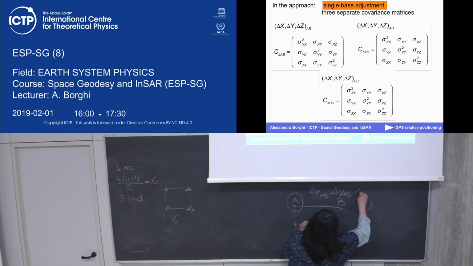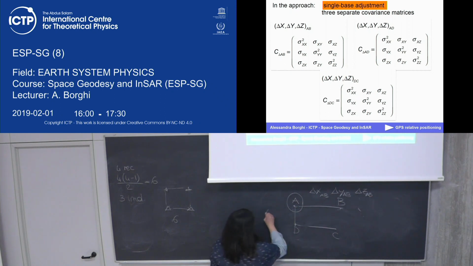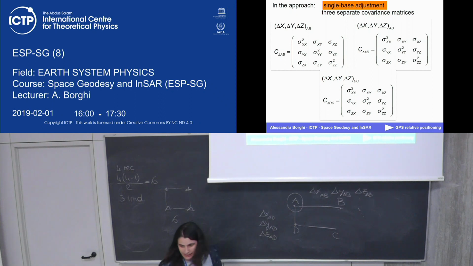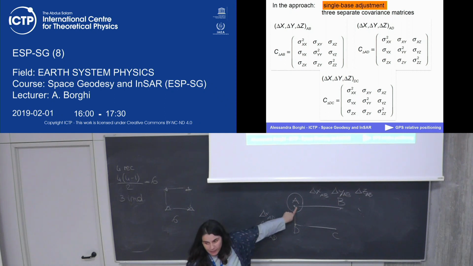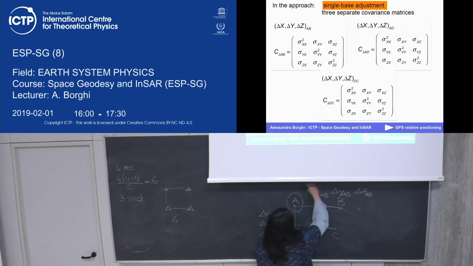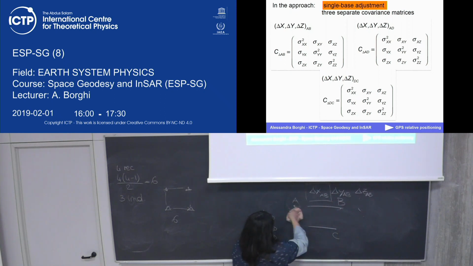So for this baseline, it means that the X coordinate of the point A is present in this observation and in this one.